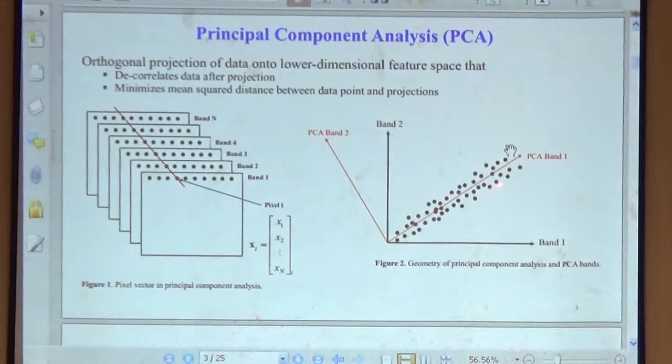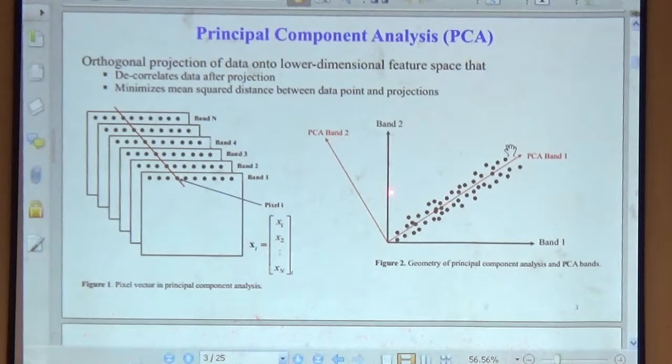But if these are the two bands, then the projections are large. It minimizes the mean squared distance between data points and projections. So how should I transform these axes such that the projections of these data points will be least, or the minimum mean squared distance between data point and projection will be least? If I project from here to here, the distance is this vector.